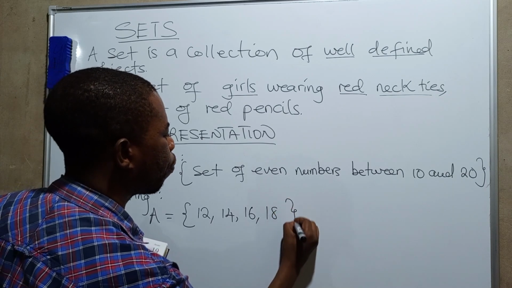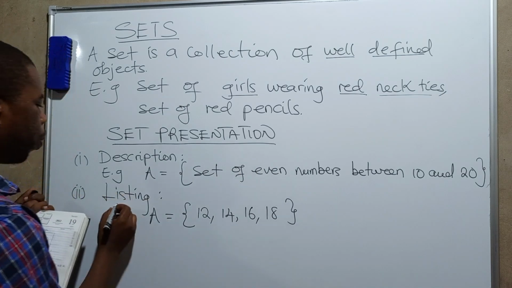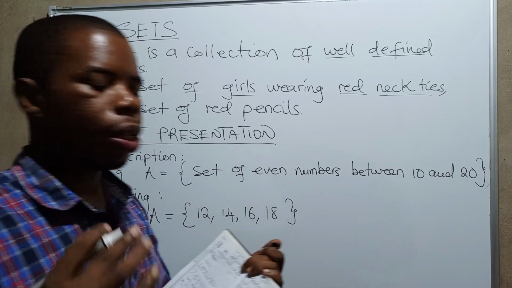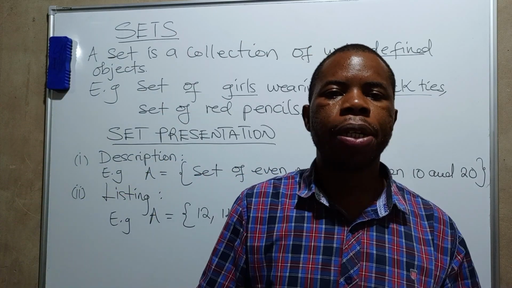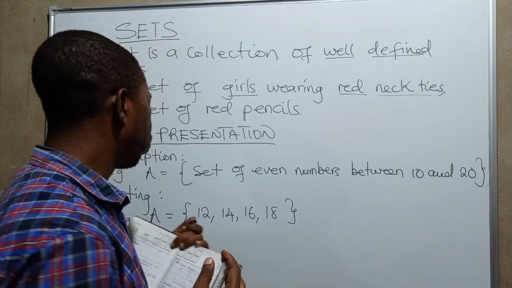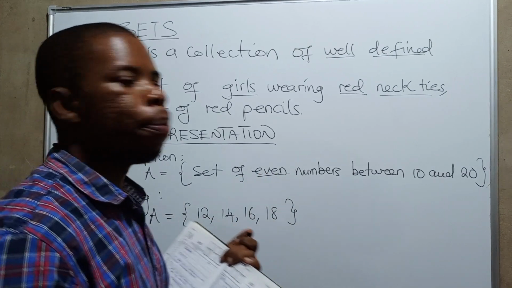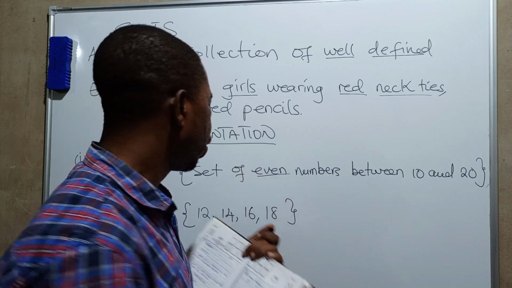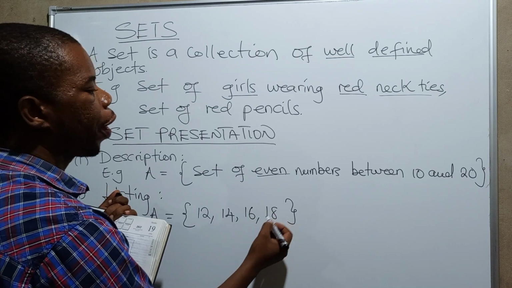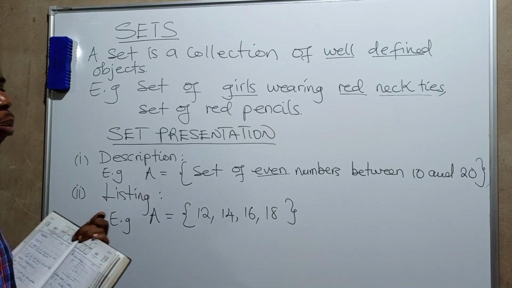Such kind of representation is what we call listing. This is another way in which we can represent sets. Of course, even numbers are numbers that are divisible by 2. So like 12, 14, 16, and 18. These are in between 10 and 20.